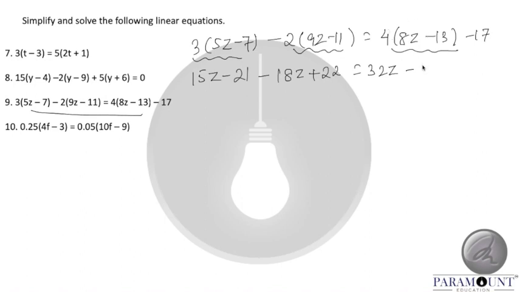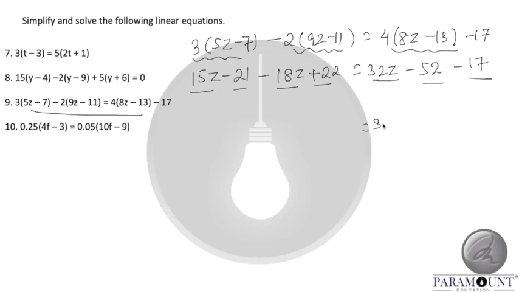So this becomes minus 52 minus 17. Again we need to keep these variables together and these constants together. So for that we need to take care that this z remains positive.